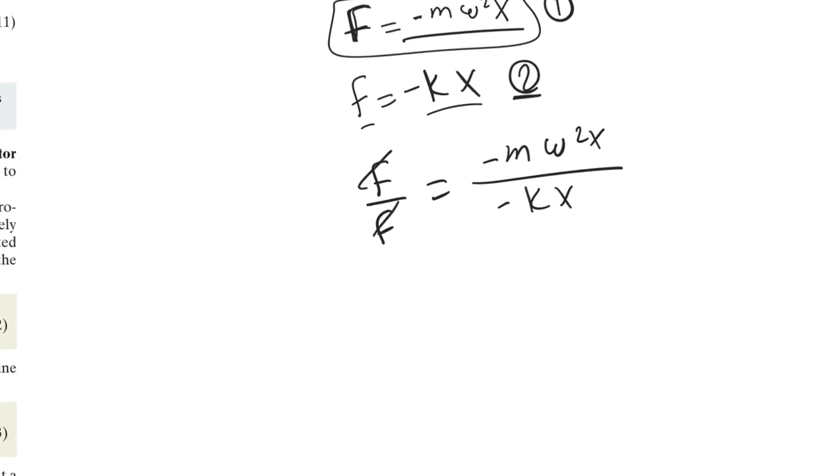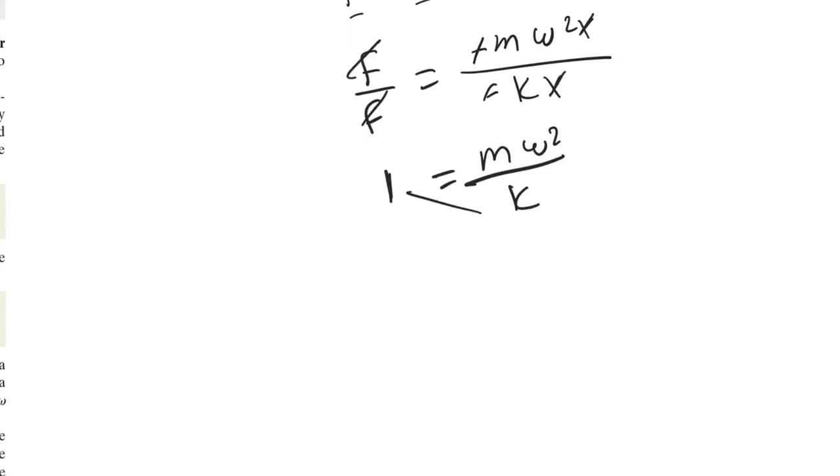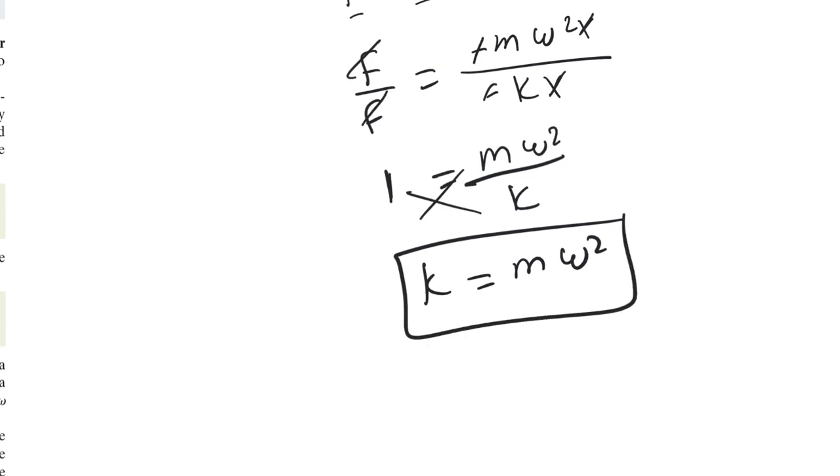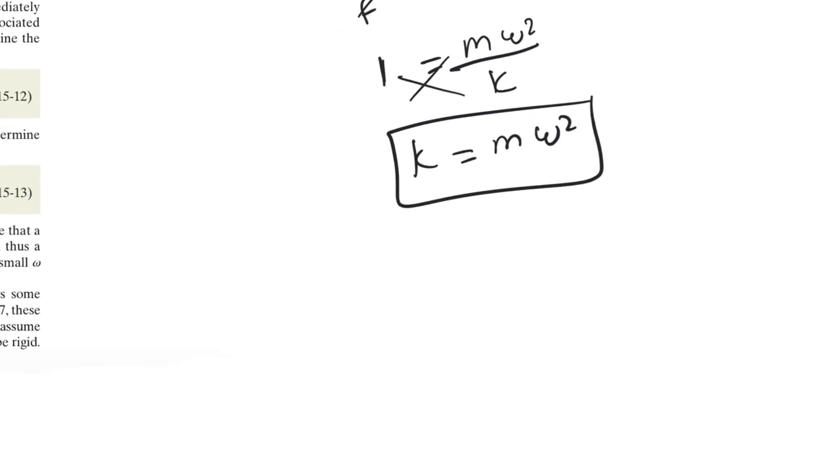F goes with F, minus goes with minus, x goes with x, so there remains only k. So k will be equal to m omega square. This is important.